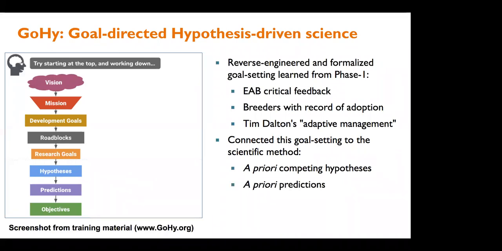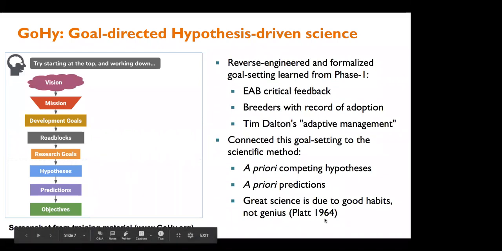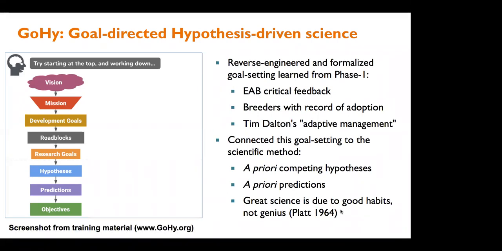That means a priori, before the fact, defining competing hypotheses and predictions, and doing this over and over again. And I believe what Platt said, that great science is not due to genius, it's due to good habits. Anyone can do it. So what we're trying to do is build good habits, over and over again, using the scientific method and connecting it to our goal setting.